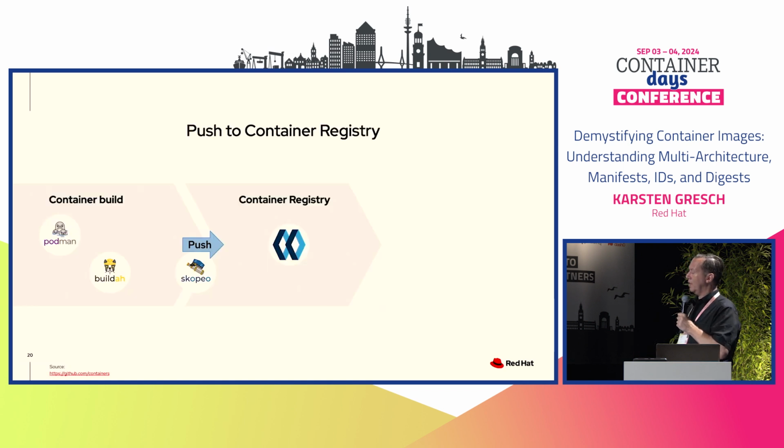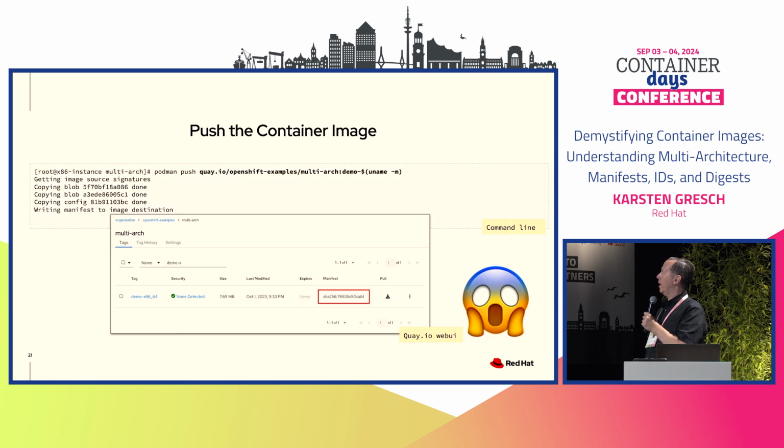Now we go one step further, and we push the image to a registry, in this case to Quay, and we have Skopeo. Now the interesting part begins. You remember we had a manifest SHA value with 66A, and now it's 765. It's different.